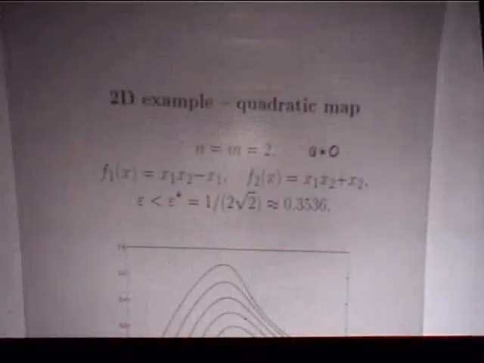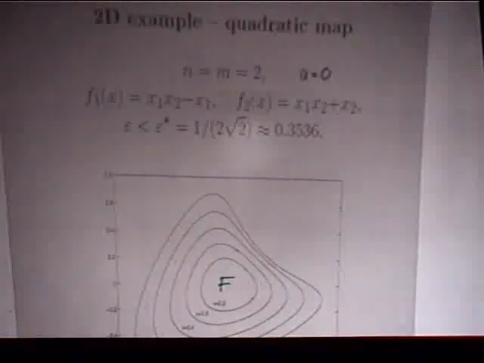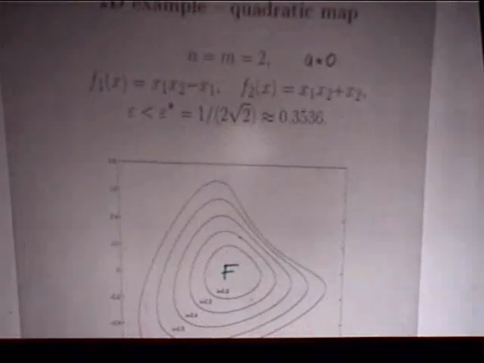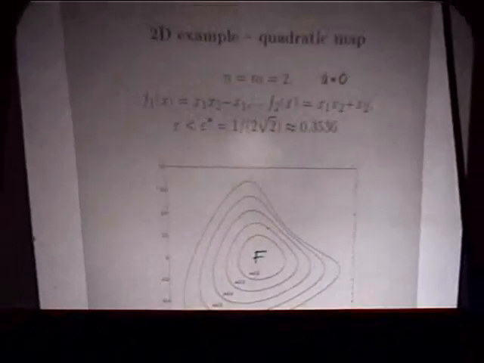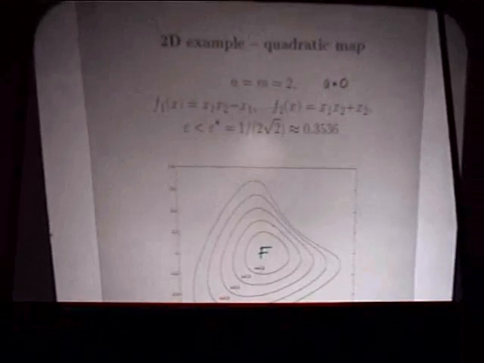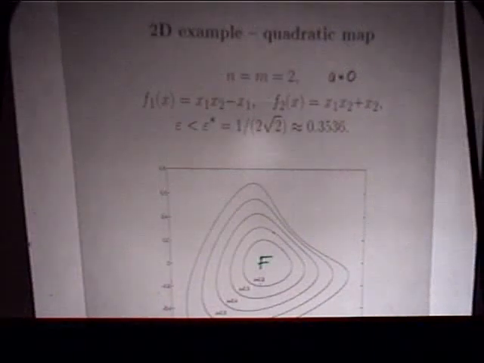And it can be seen in a particular two-dimensional example, a quadratic mapping from R2 to R2. The components are given by these formulas, the simplest ones.